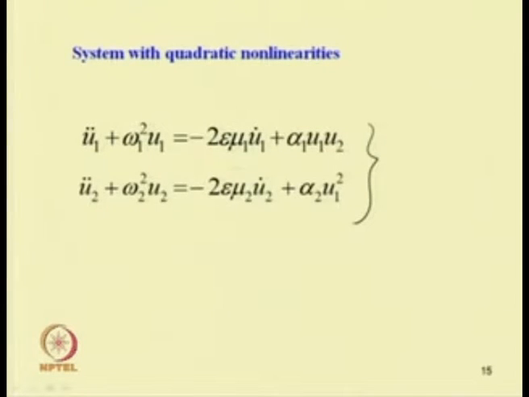Here this epsilon term is used as a bookkeeping parameter to make this damping term of the same order as that of the nonlinear term. This bookkeeping parameter is generally taken very much less than 1. Here we have a coupled nonlinear term, that is u 1 into u 2, and in the second equation we have taken this u 1 square.